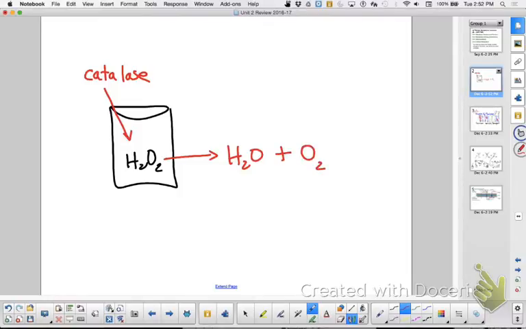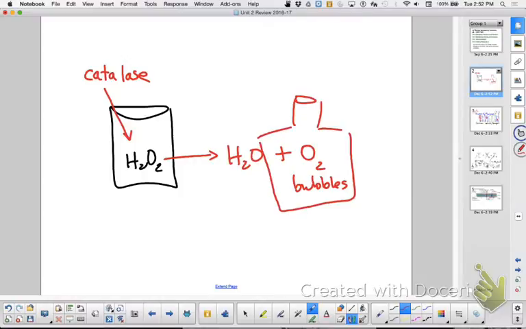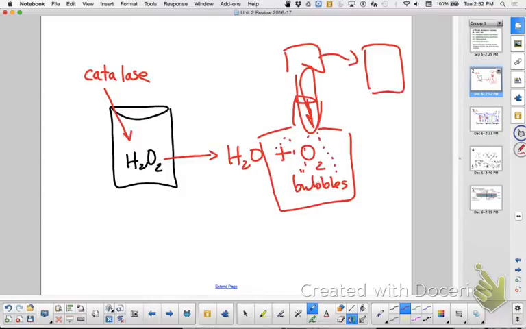Oxygen. The oxygen would look like what? Bubbles. But we did this in a chamber, and we had a sensor that would send it to the iPad, and it measured how much oxygen we generated in this chamber, right? So the more oxygen generated, we're assuming the better that enzyme was able to work.